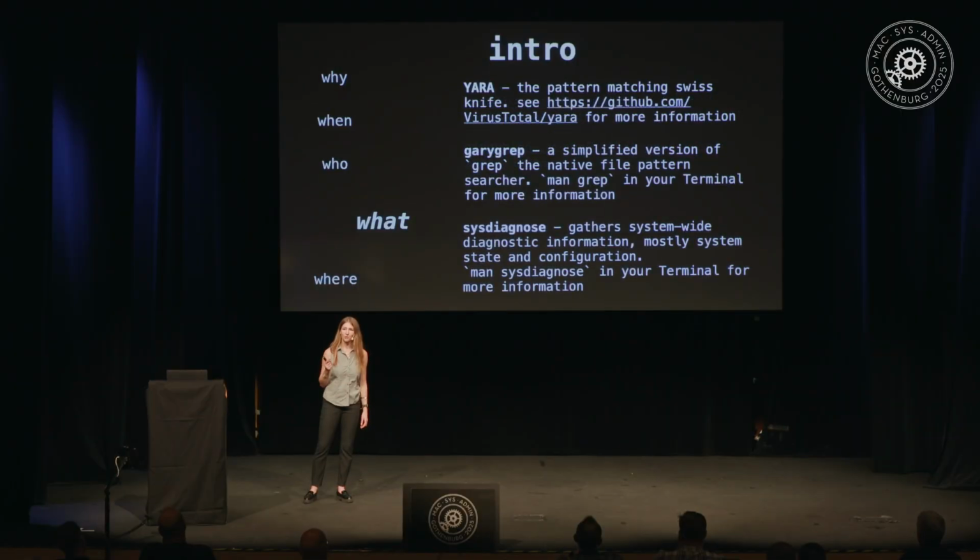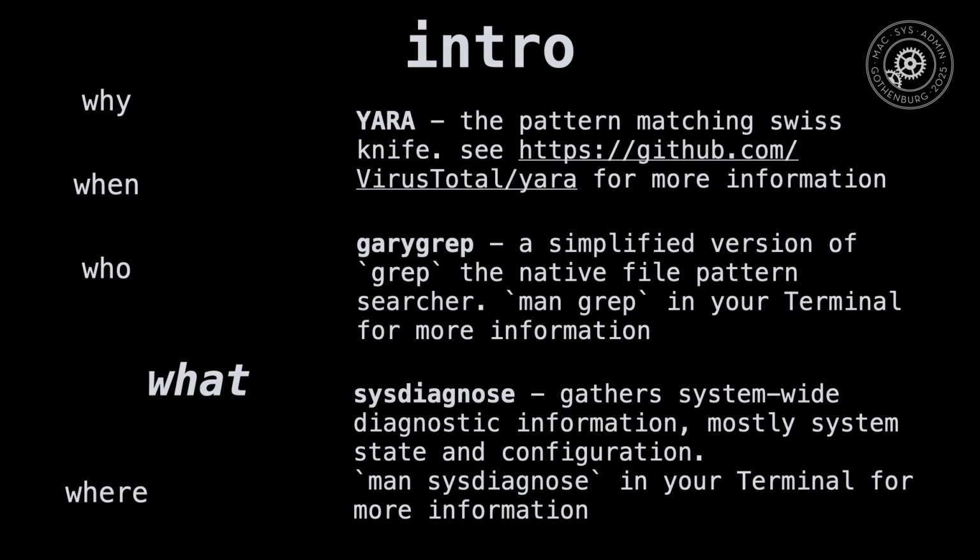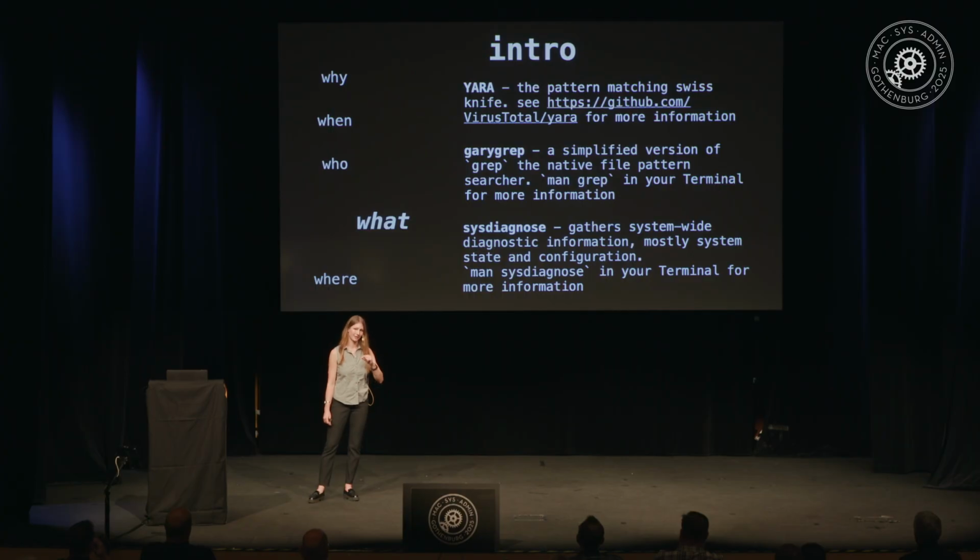So YARA is one of the 3 pieces that I'd like to point out of the tool at this point. The second one is a variation of grep, which is a native macOS command line tool that you probably know about already. Also does pattern matching. The big difference between it and YARA here is that it shows the matched lines, whereas YARA just shows which file matched.